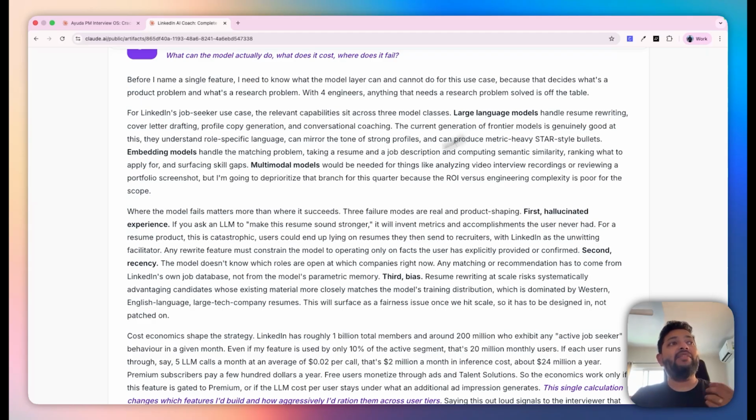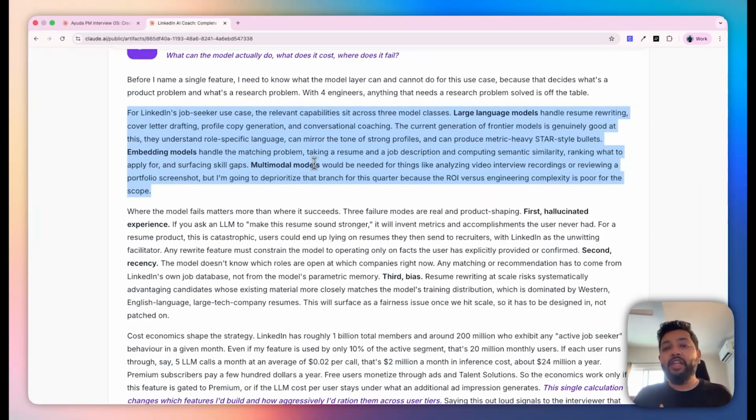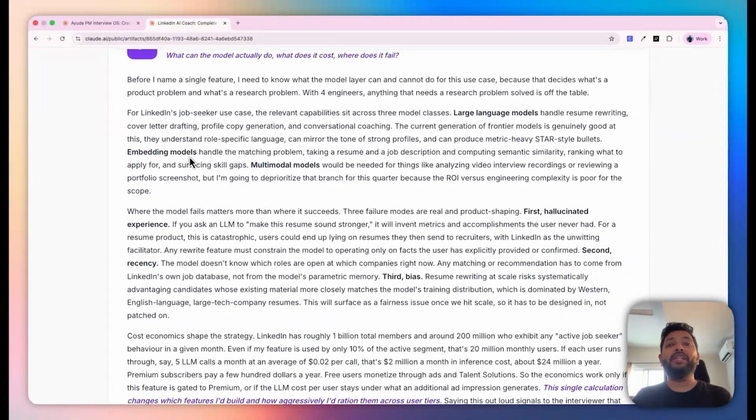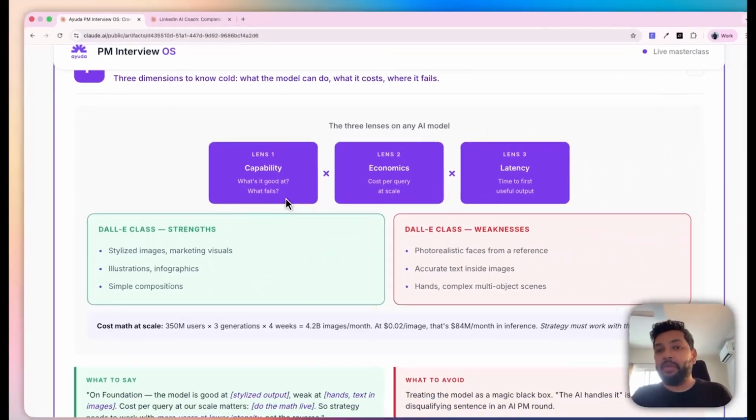But I will need multimodal models to be able to create video interviews or amazing video interview experiences. Similarly, I will require some embedding models so that the questions that the AI interviewer asks are great. They are relevant to the job description and are able to figure out similar questions. So first, we talk about the capability.